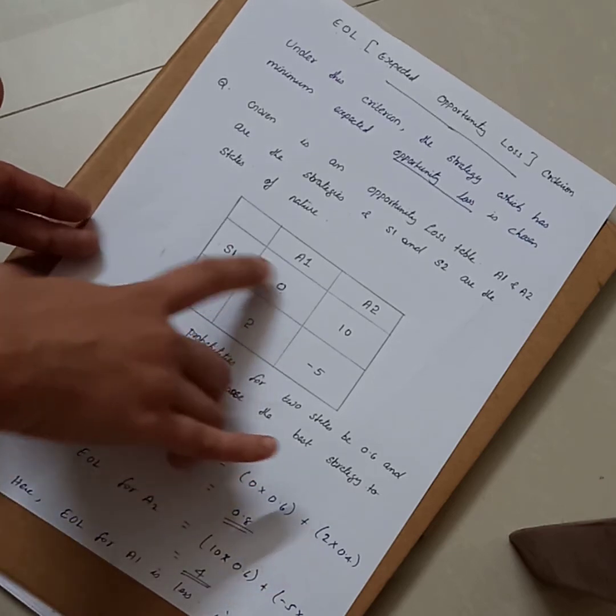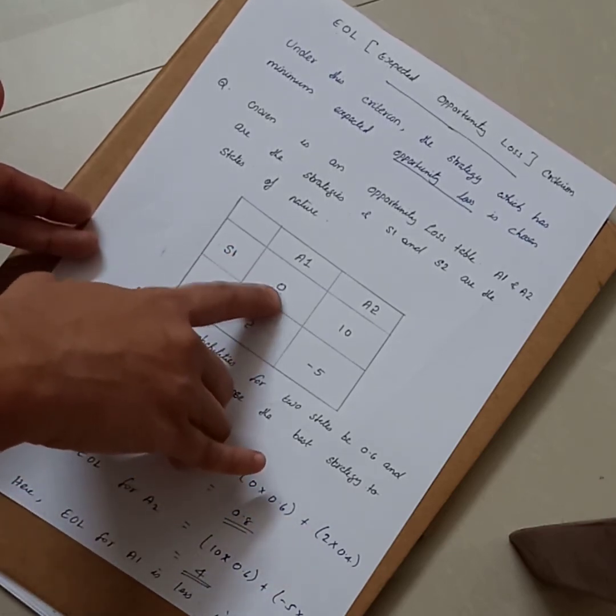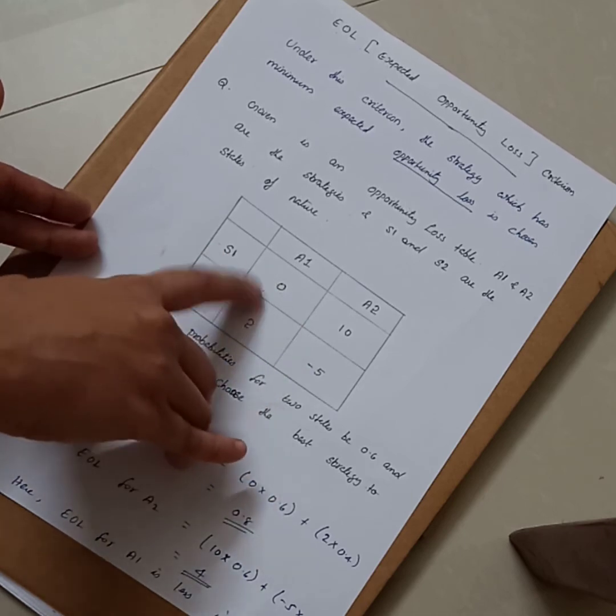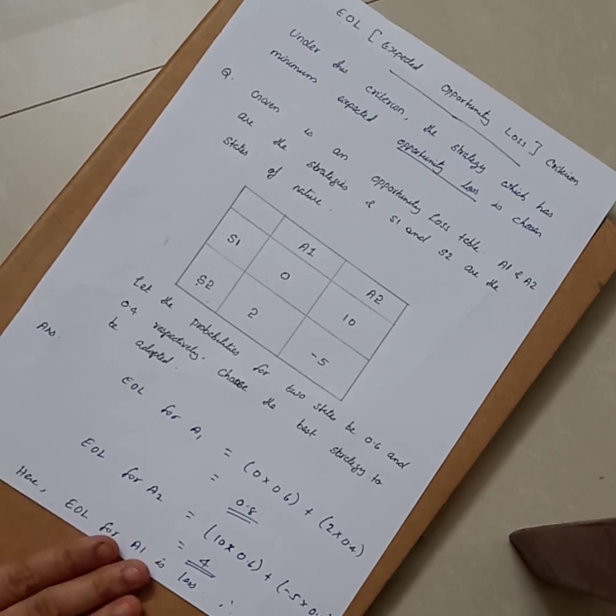In case of A1, you have two states of nature, S1 and S2. So the respective value is multiplied with the corresponding probabilities and then summed to get the EOL value. Whichever has the lower EOL value is considered the best strategy. So here A1 is the best strategy. Hope you understood this. Thank you.